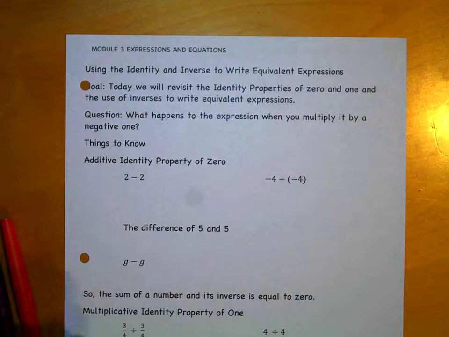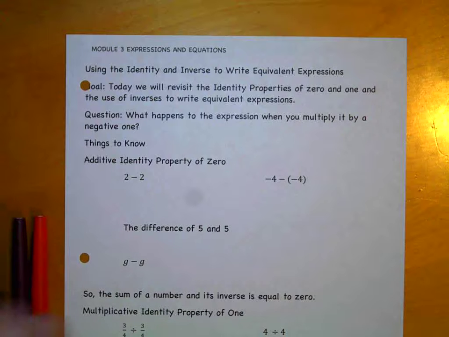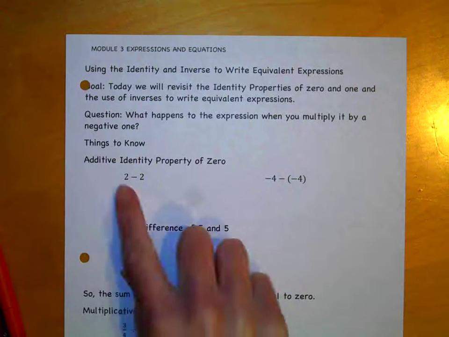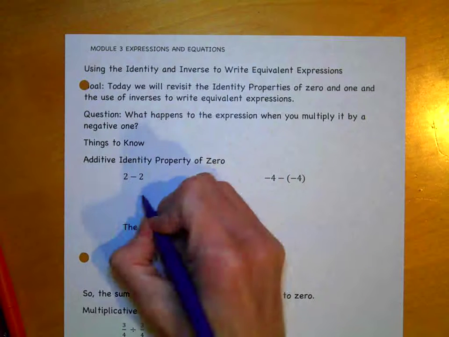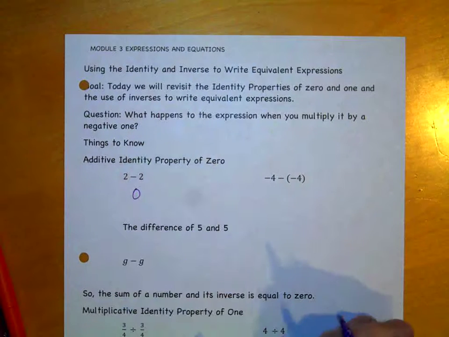Okay, as a review, additive identity property of 0. The additive identity property of 0 means that any number plus 0 will give you the answer of itself. However, we also need to know that there is an inverse of that, so it means that any number minus itself gives you an answer of 0. So 2 minus 2 equals 0, right?